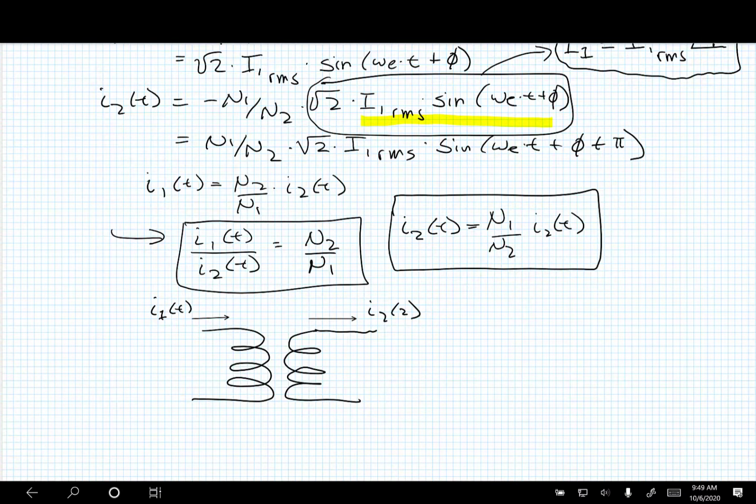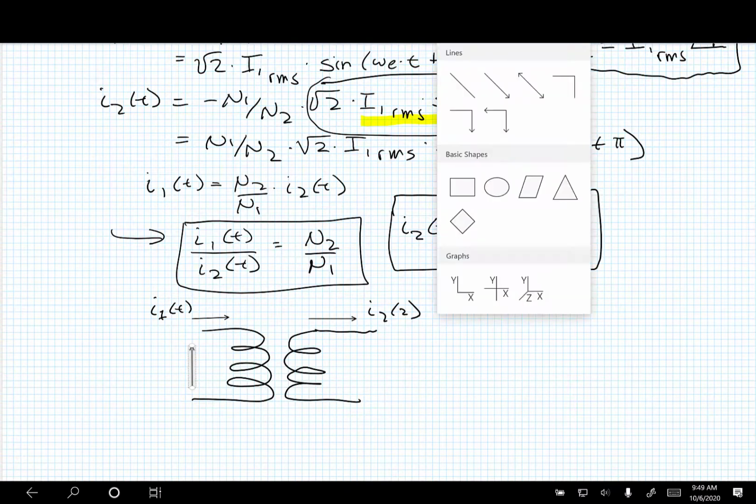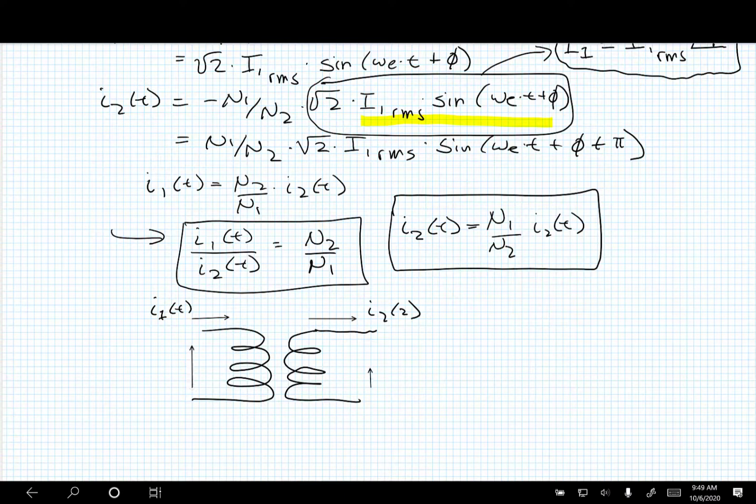I've got the voltage applied and the voltage that comes out on the secondary. You could apply voltage on either side, but we're defining it right now that the voltage is applied to the primary and measured on the secondary, and I'm going to put a load on that. So I have my voltage across the coils, E1 of t and E2 of t here.